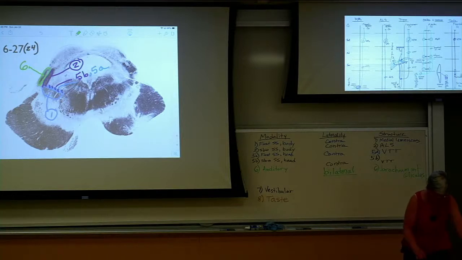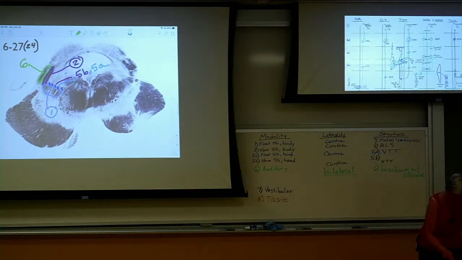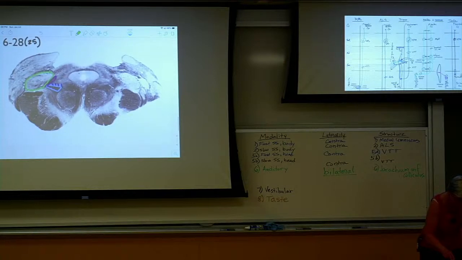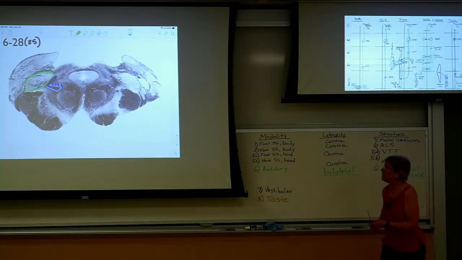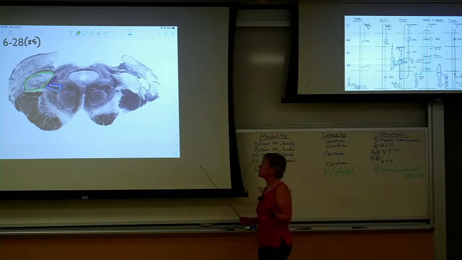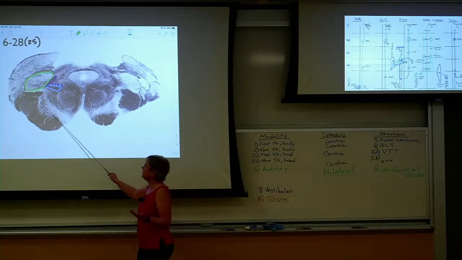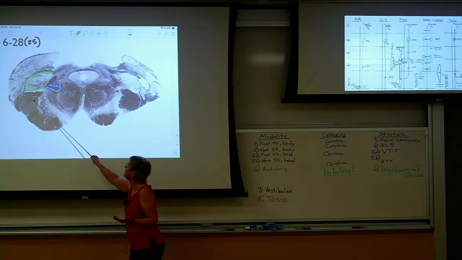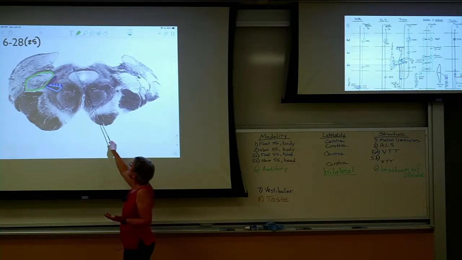Okay, so let's go ahead and move anteriorly. And this section, our first question is always, where are we? Well, here's our crus cerebri, and here's our squashed superior colliculus.